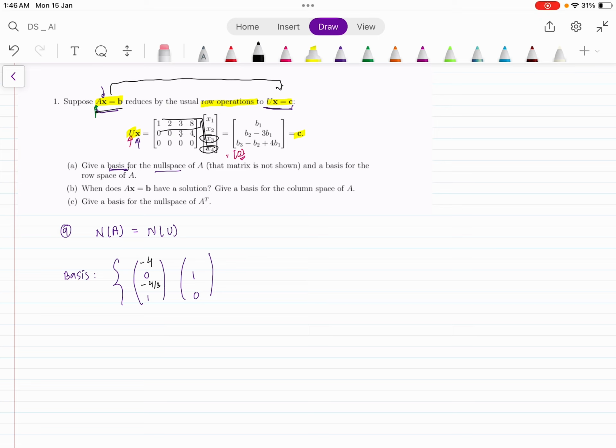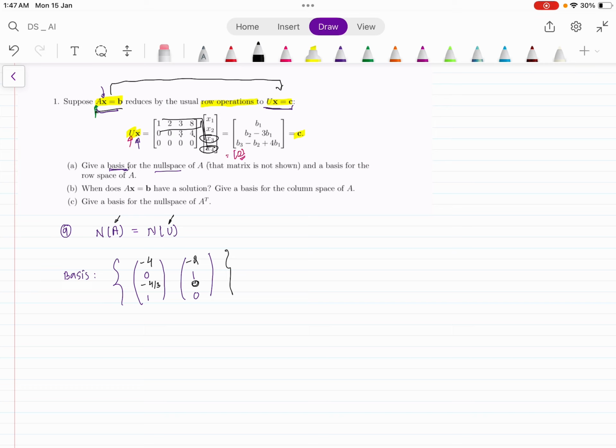Similarly, we can find x3 for this other basis vector. So x4 is 0, so x3 will be 0, and this will be minus 2. So this is the basis of this null space, and the basis of the null space of A and U is the same.